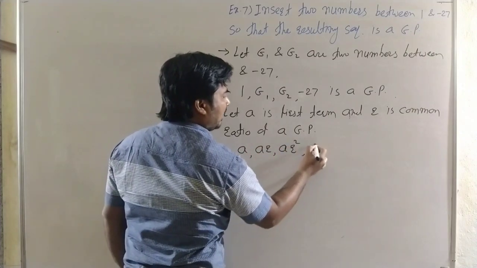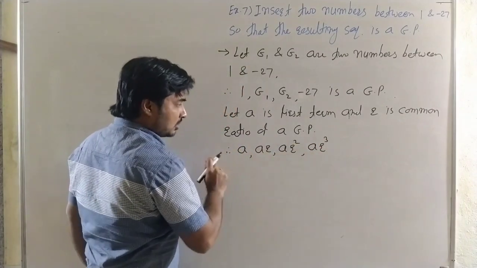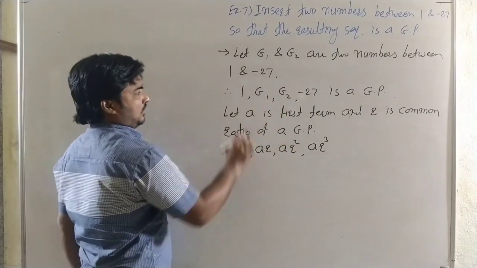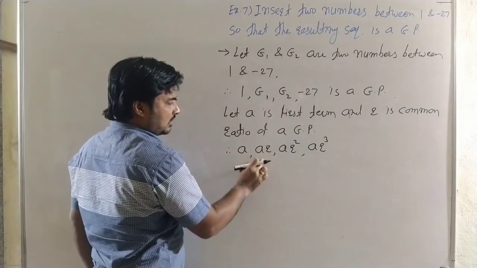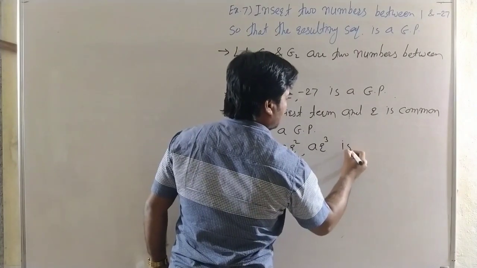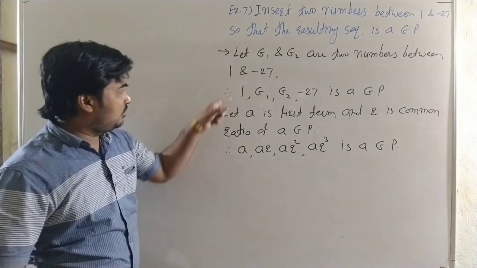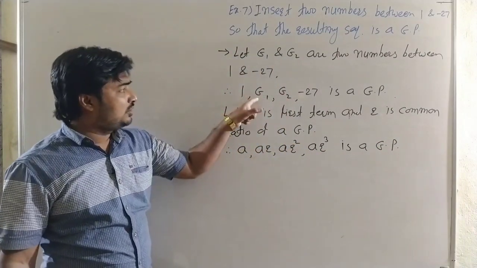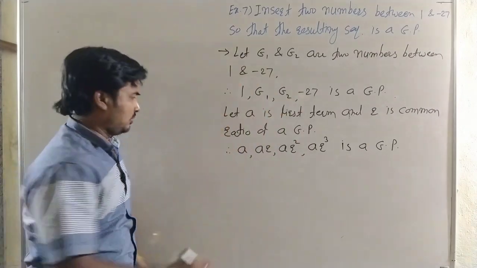Therefore A, AR, AR square and AR cube are the first four terms in a geometric progression. Here it is the first term, second term, third term and fourth term. Therefore A is equal to 1, AR is equal to g1, AR square is g2 and AR cube is equal to minus 27.